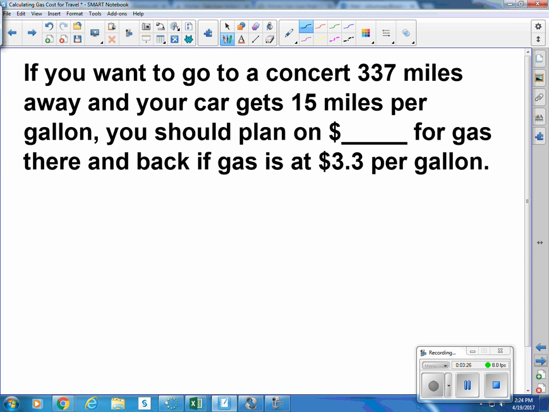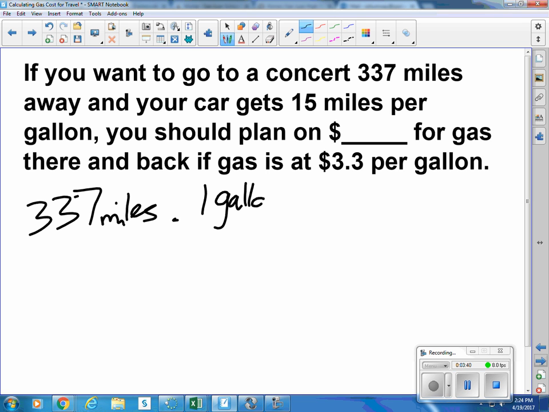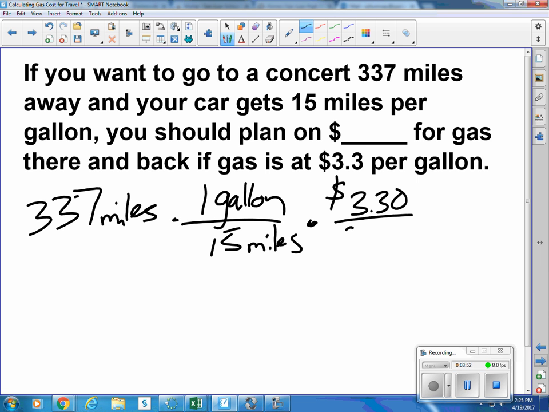If you want to go to a concert 337 miles away, one gallon can take us 15 miles. Must be a van. And each gallon costs $3.30.